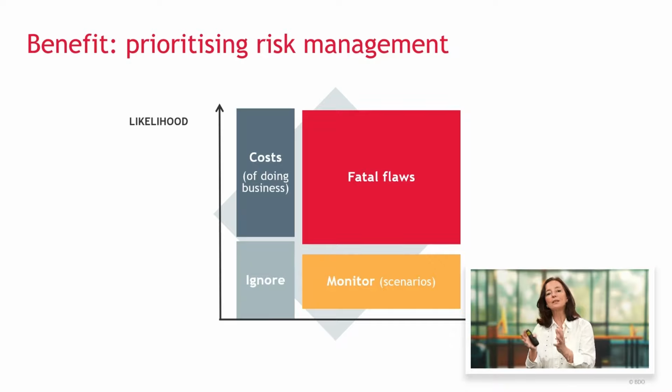So you don't have fatal flaws in your excessive exposure or in weak control, so that you have some risk in this quadrant where both the likelihood and the impact are high.